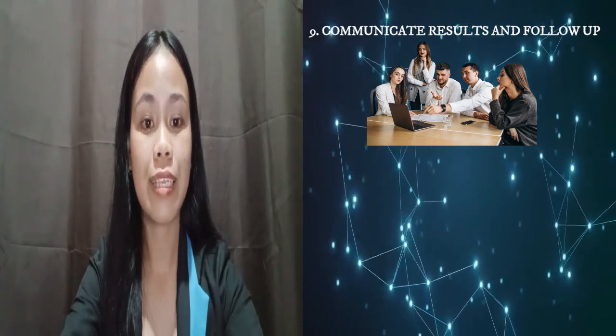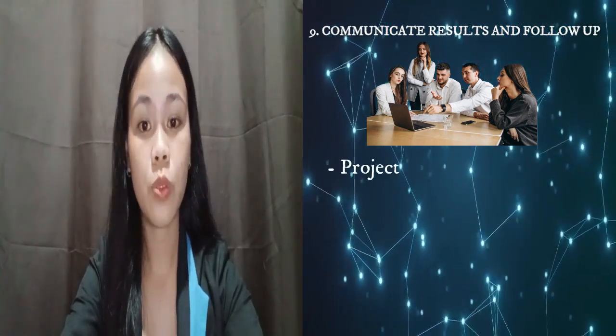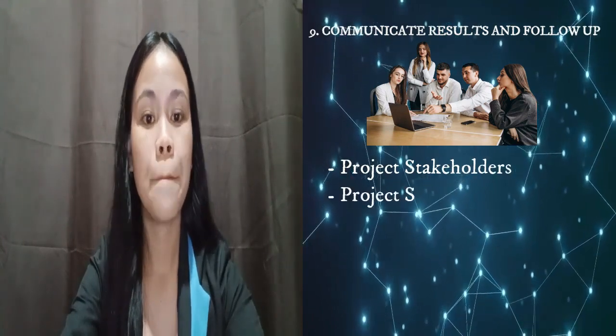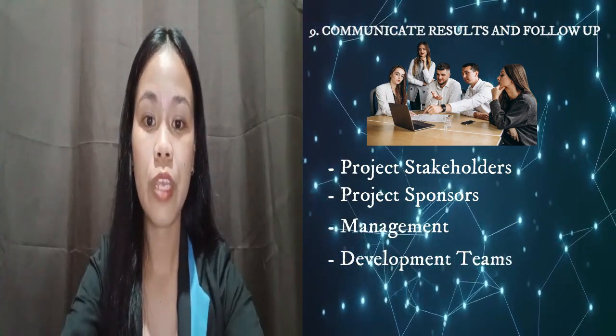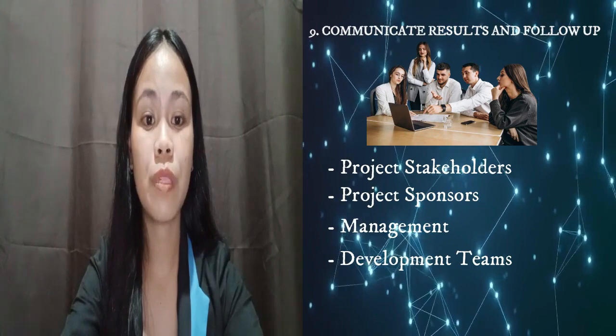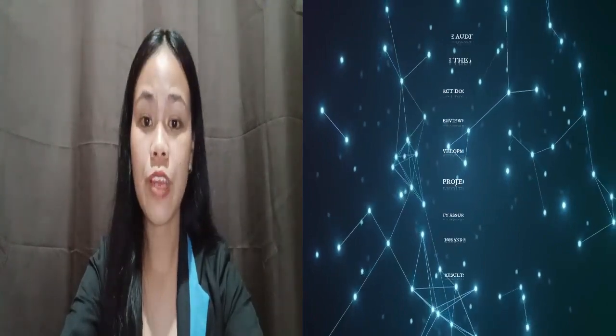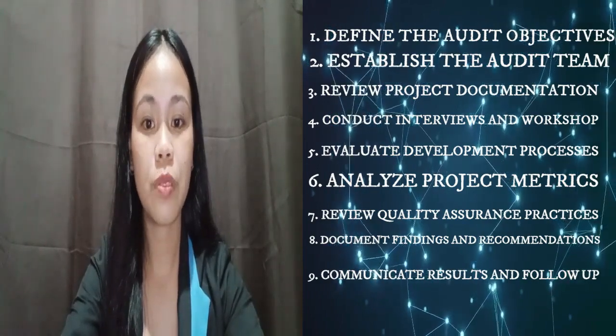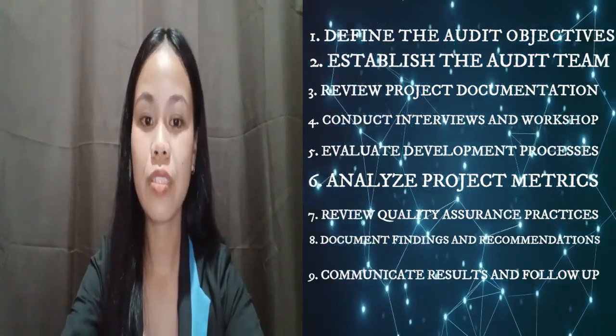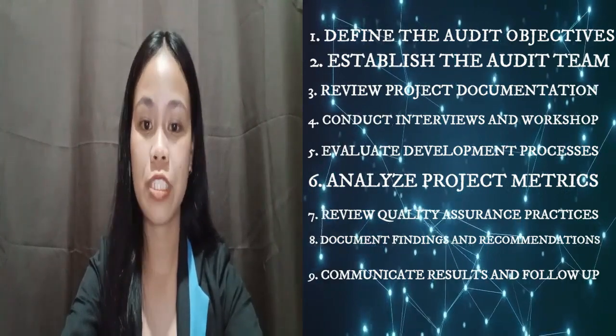Present the audit findings and recommendations to project stakeholders, including project sponsors, management, and development teams. Discuss the implications of findings and collaborate on a plan for implementing corrective actions. Follow up regularly to track the progress of remediation efforts and ensure the improvements are sustained over time. So, by following these steps, organizations can conduct effective operations audits in system development, identify areas for improvement, and enhance the efficiency and effectiveness of their software development processes.